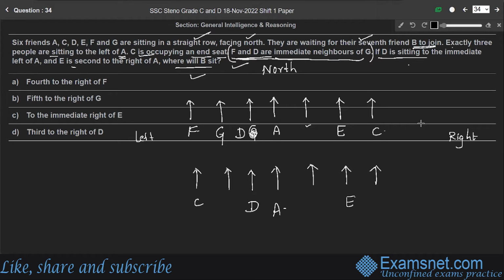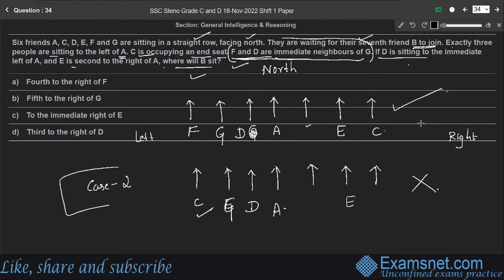If you take case 2, where F and D are immediate neighbors of G, and you take F here, C becomes one of the neighbors. Or if you take G here, C and D become immediate neighbors of G. So case 2 will get cancelled because of this point. Therefore, we'll consider only case 1.